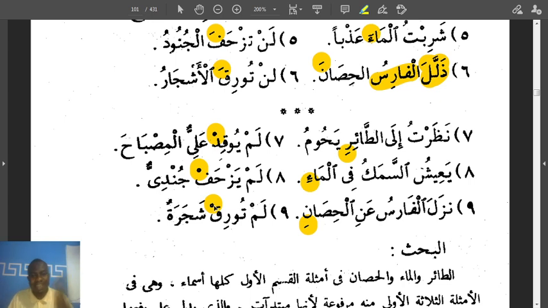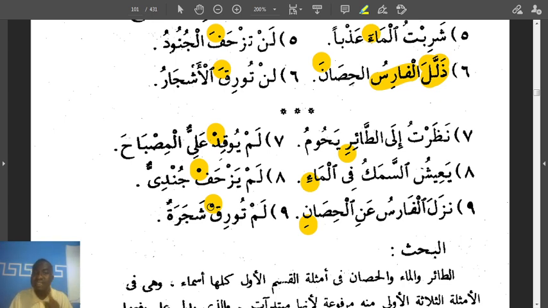So realize that kasra didn't come in that of the verbs, just like skun did not come in that of the nouns. So from here, you know that nouns take fatha, kasra, and then dhamma. They don't take skun, and then verbs take fatha, dhamma, and skun. The verbs also do not take kasra.